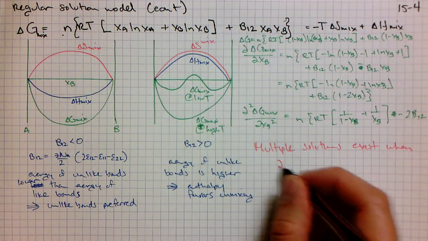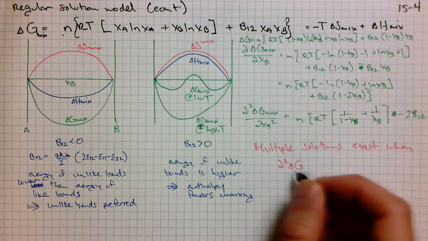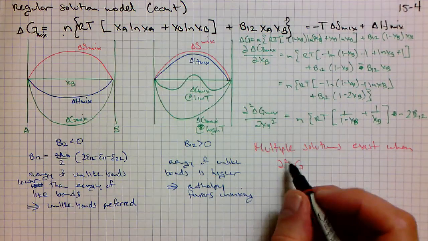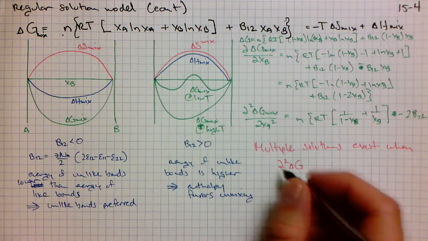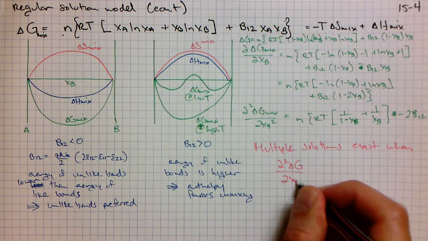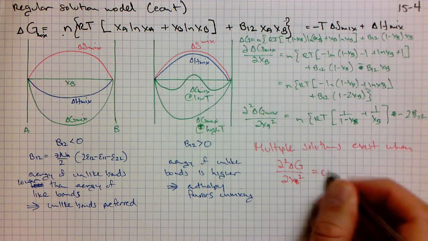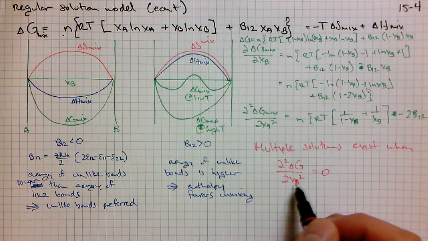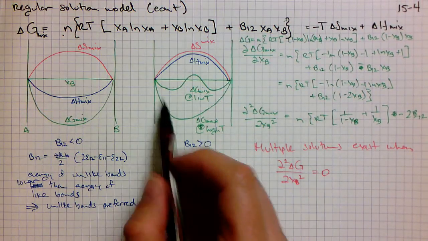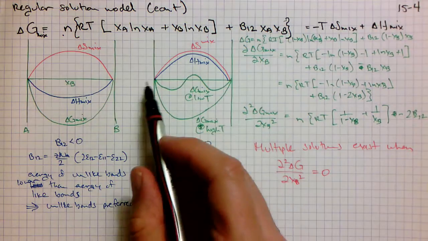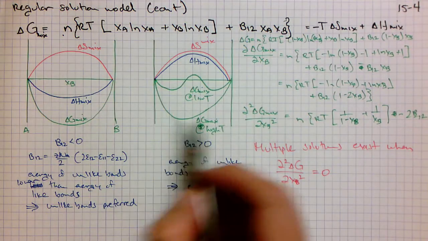And so multiple solutions exist when, for the first time, we have a situation where the second derivative is equal to 0. Because that's the point where the curvature is equal to 0. Right here, when we're at high temperature, the curvature is uniformly positive.